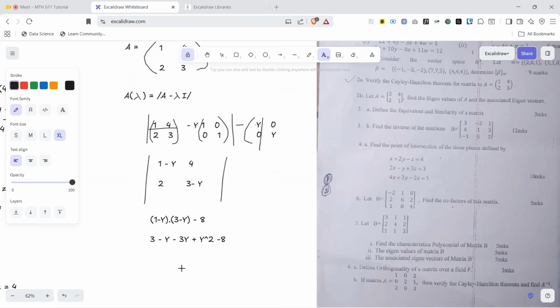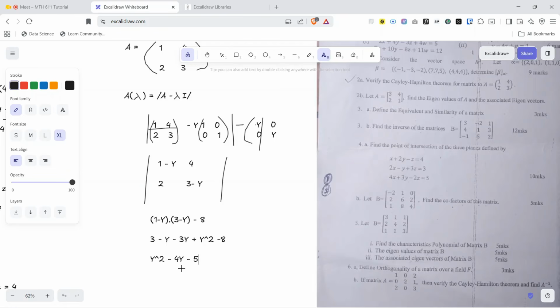So we would now have lambda square minus 4 lambda minus 5. This is the equation that we would have. Did we get it up to this point, please?